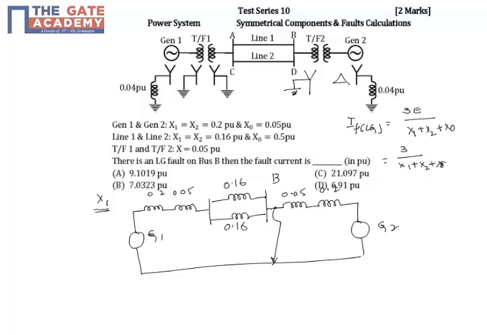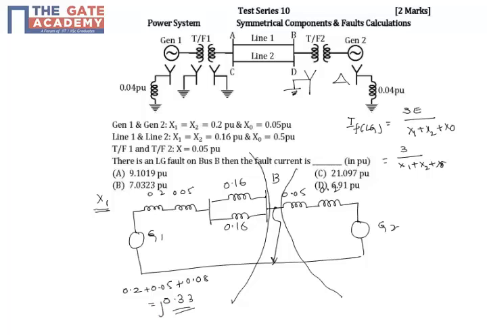If you see here, this system and this system are parallel because the current is feeding from here and the current is feeding from here. So these two are connected in parallel. That means this reactance and this reactance are in parallel. So what is this reactance? This is 0.2 plus 0.05 plus 0.08, so this value is 0.33.